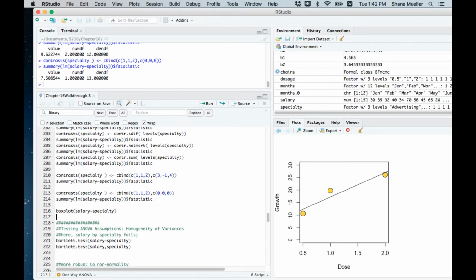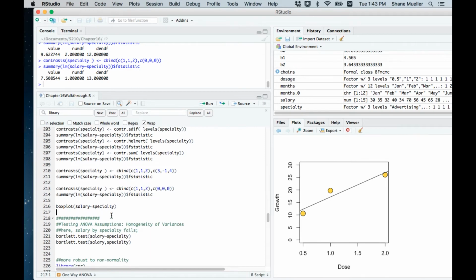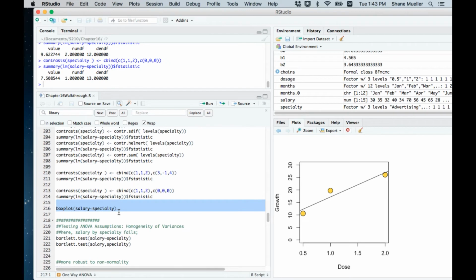Okay, so when we try to make predictions about an outcome based on a single categorical variable, that's called a one-way ANOVA. At least when we do the ANOVA test; when we do the regression, it's just a regression with a categorical predictor. And really there's essentially no difference between these, although many people don't even recognize that.